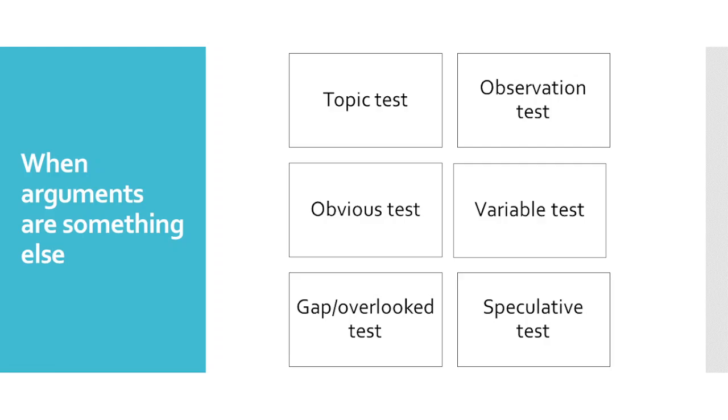If the answer is yes, then you are talking about your variables, or the factors that you've investigated, which is not your argument. So instead of saying this paper shows how rates of gun ownership affect death rates, which is a statement of variables, you could argue that gun ownership increases death rates. So check if your statement includes the how and why.